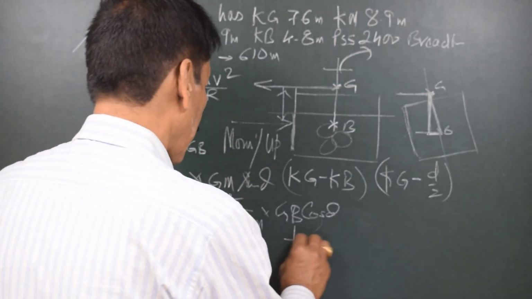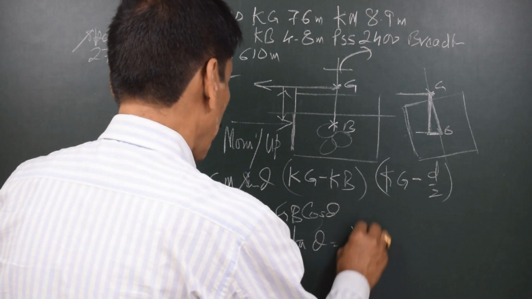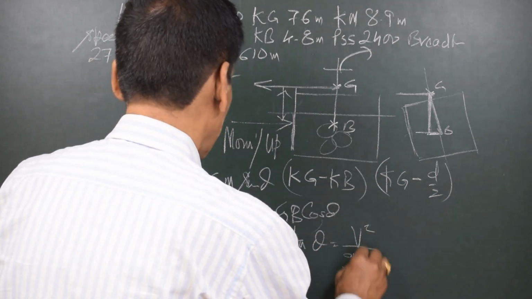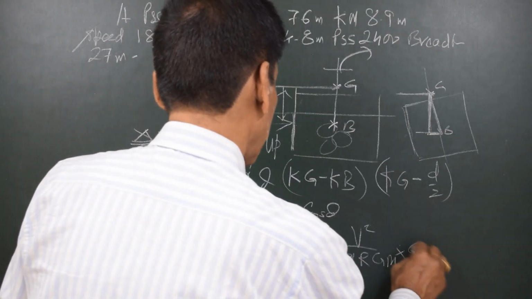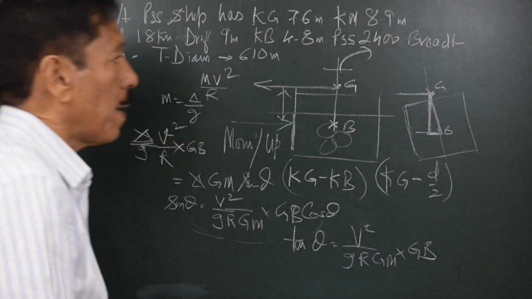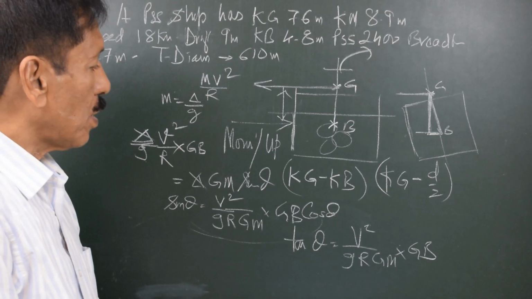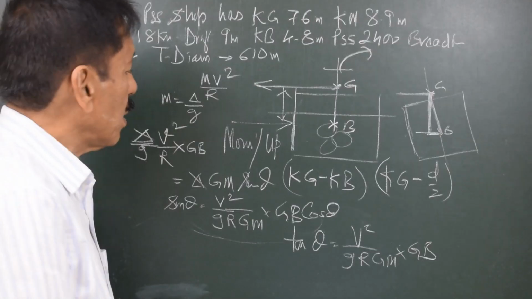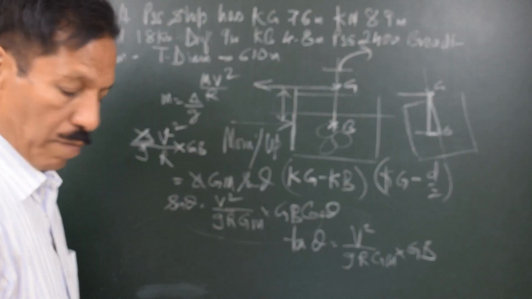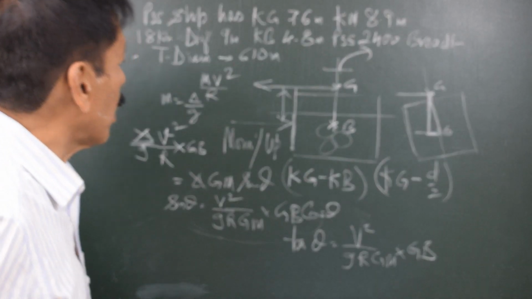So the final formula is tan theta is equal to V square upon g R GM into GB. So this is how the formula is derived.